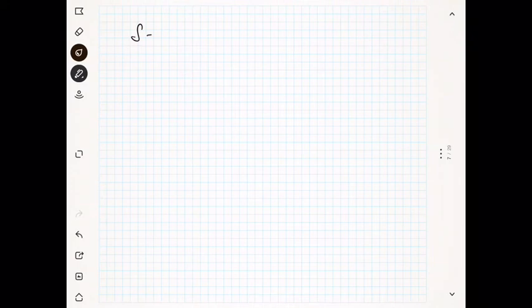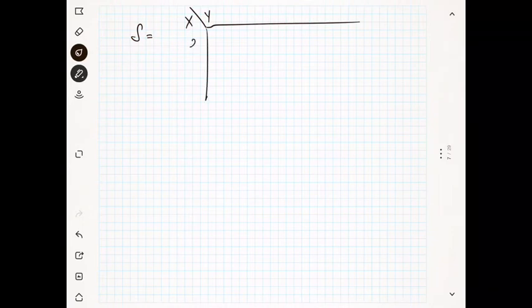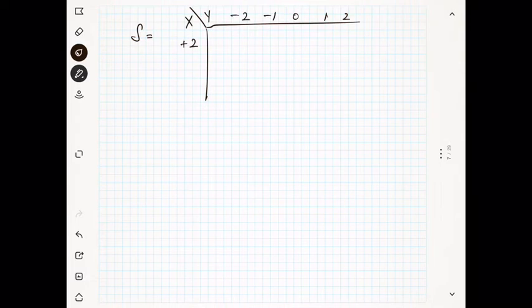Your sample space is given like this, x and y: +2, and this is 2, 1, 0, minus 1, minus 2, so (2,2), (2,1), (2,0).